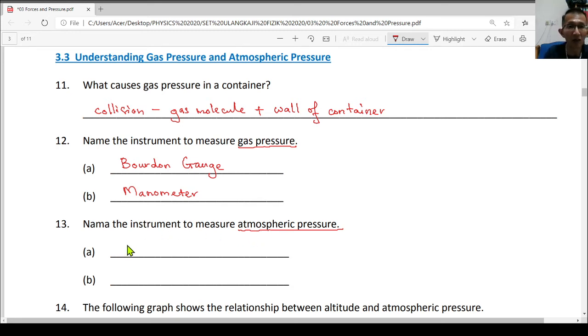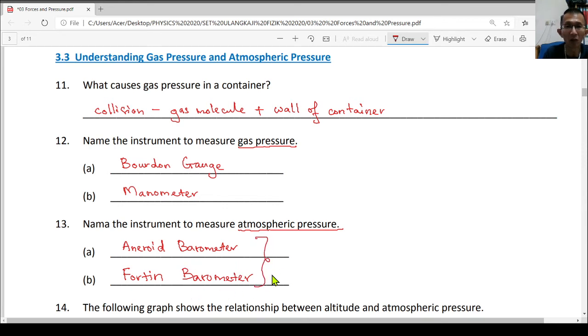We have the aneroid barometer, and the barometer. For atmospheric pressure, it must have this keyword, barometer.